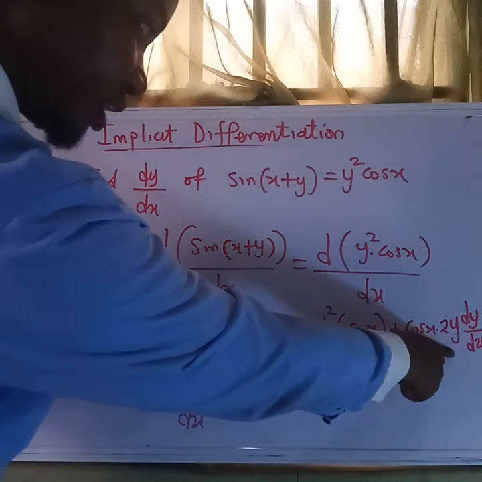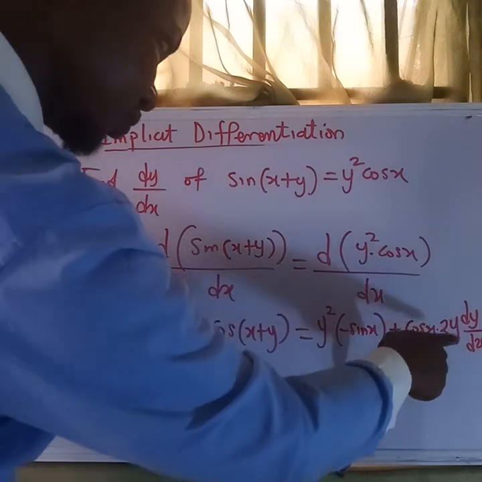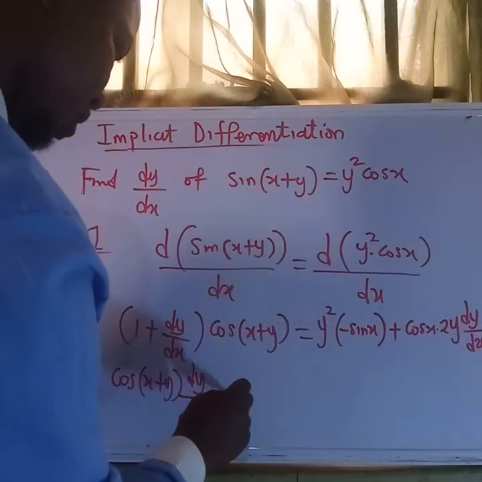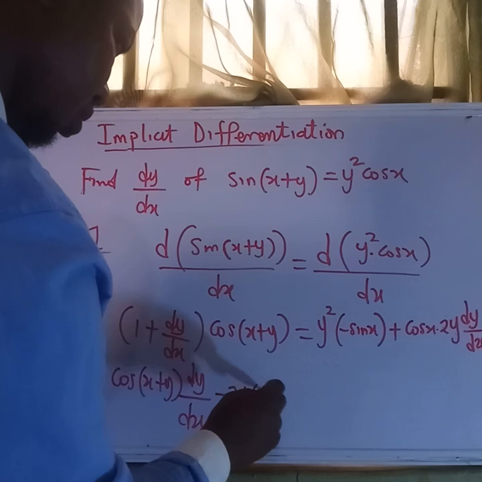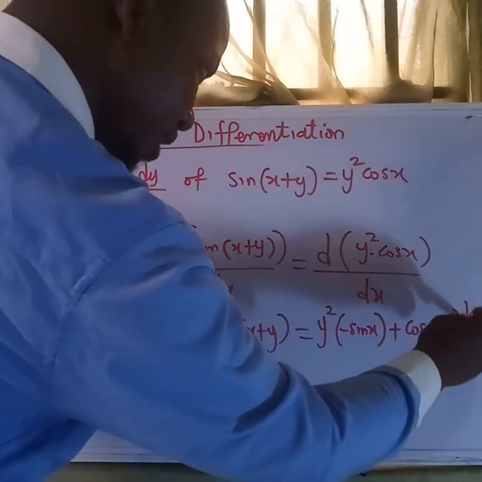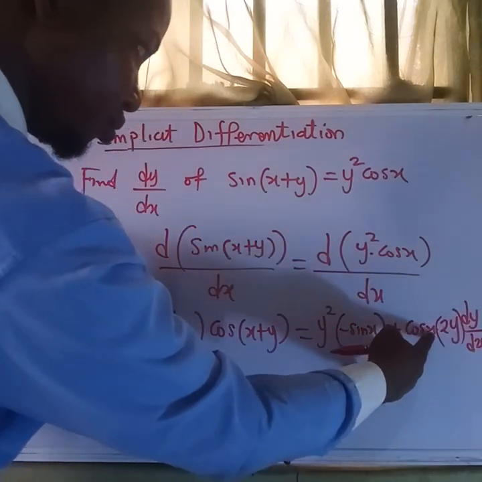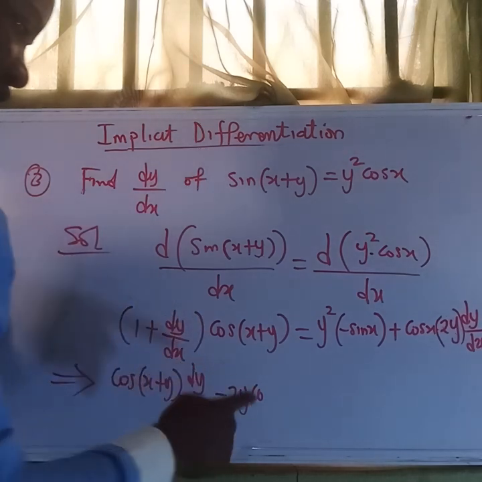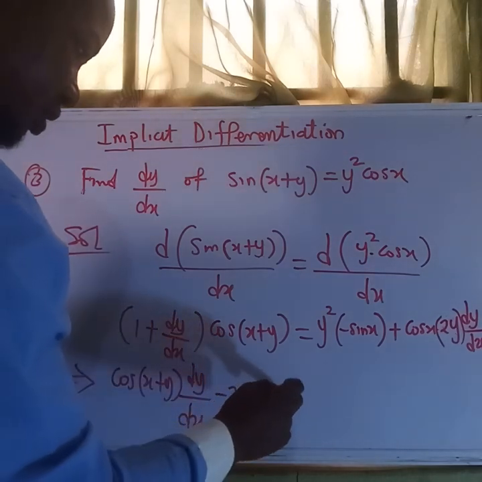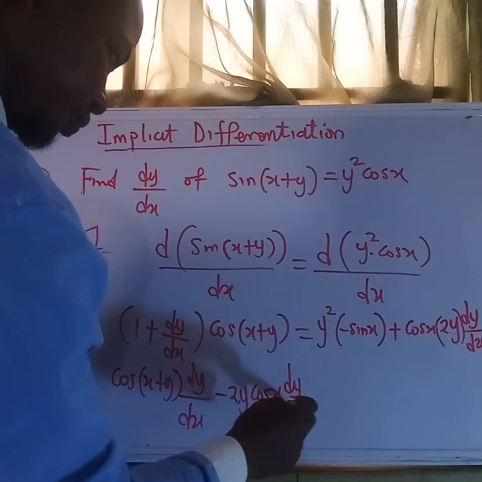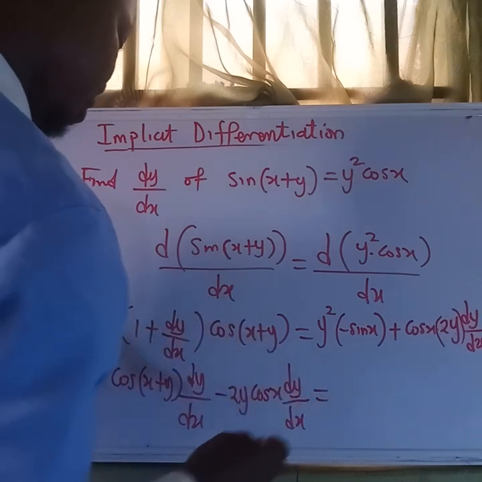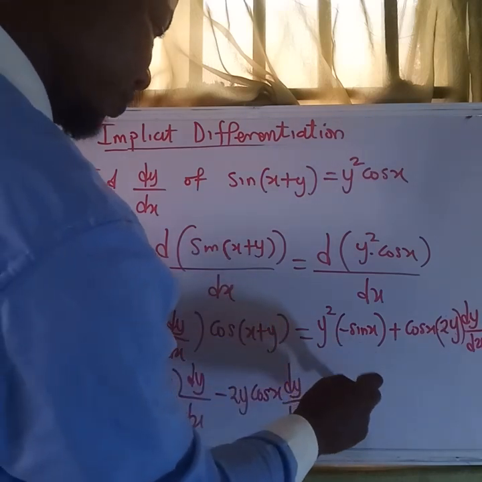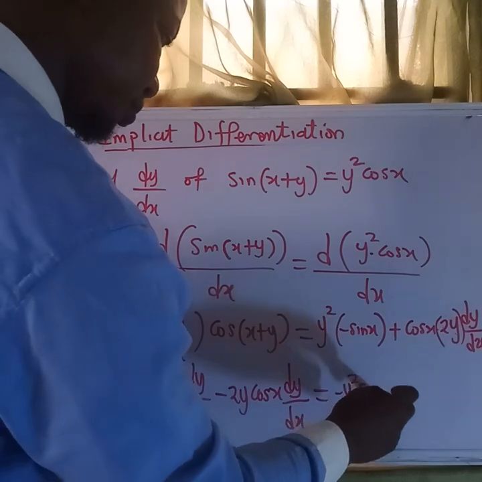Let us bring the term with dy/dx from here to this side, so this will be negative 2y cos x. Let's put it in a bracket so that we do not merge it with this x. So this is negative 2y cos x dy/dx, and everything will be equal to negative y squared sine x.